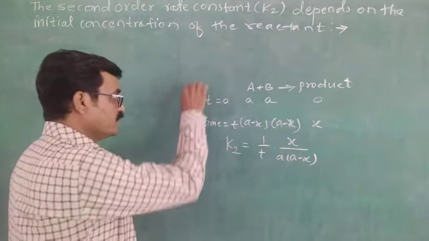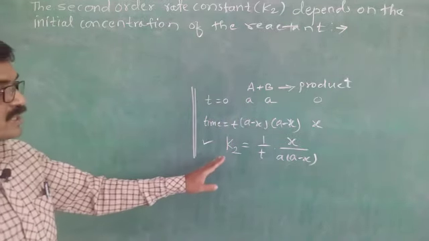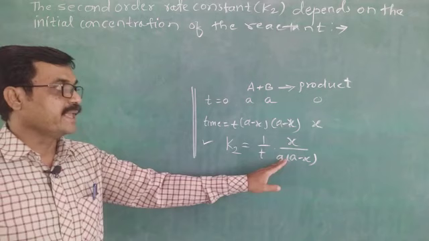This is the derivation of the rate constant K2 when the initial concentration of the reactant is A.